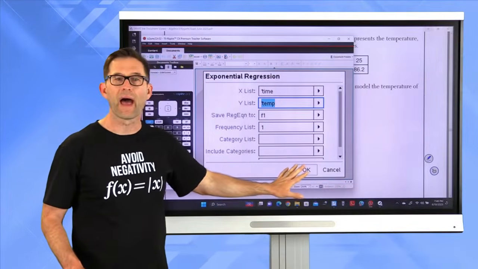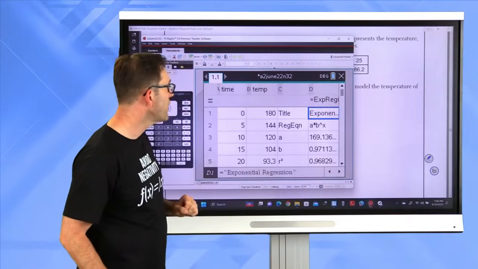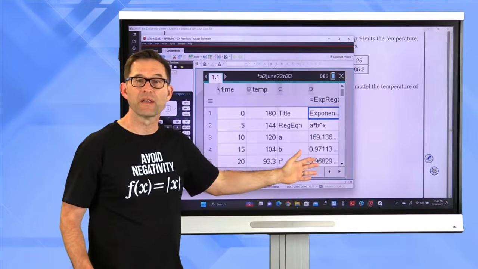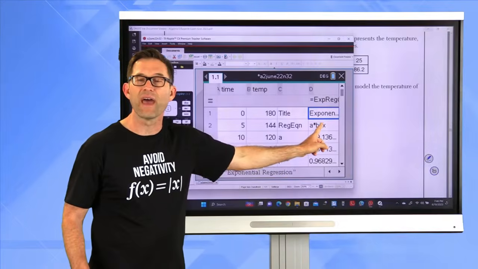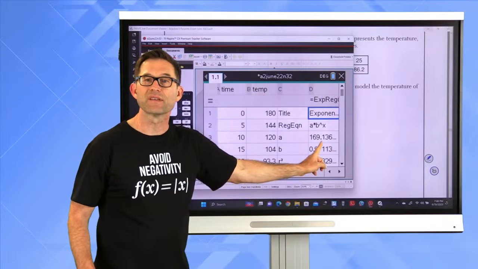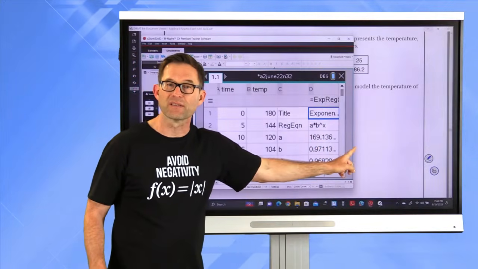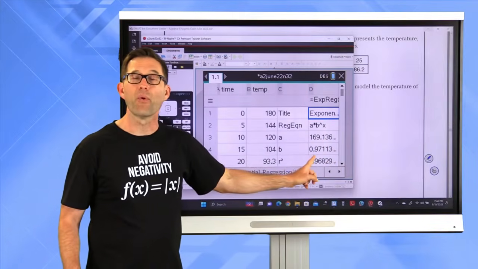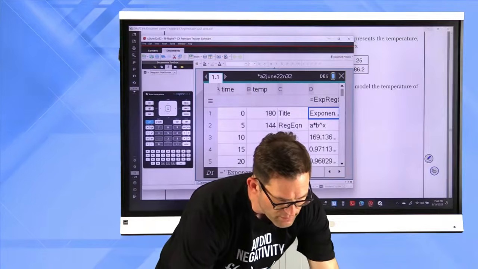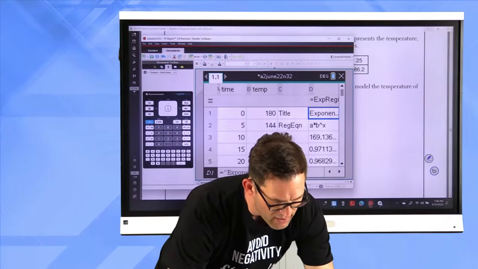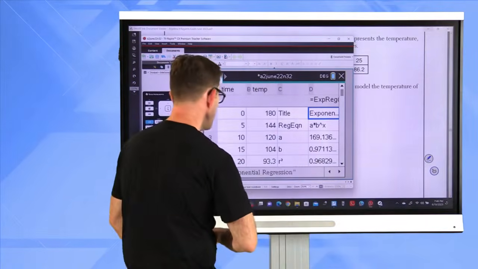Nothing else do I have to worry about. I hit OK, and here's my exponential equation. It has the form A times B raised to the X, where A is 169.136, etc. B is 0.9713, etc.